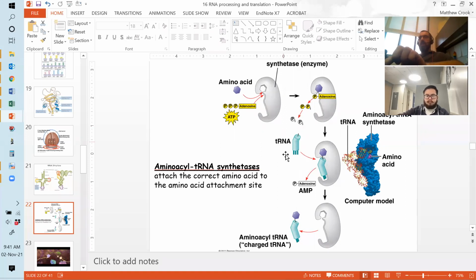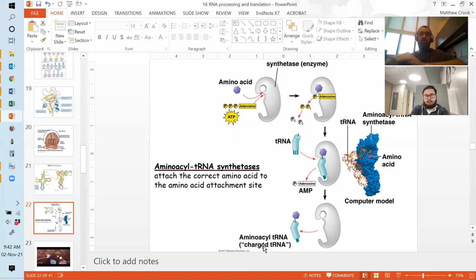So when those two parts are brought together by the synthetase, the AMP, the kind of depleted energy form, leaves, and in the process, that bond gets formed between the amino acid and the end of the tRNA. As soon as that happens, it no longer fits quite right. The synthetase changes shape and the charged tRNA leaves.